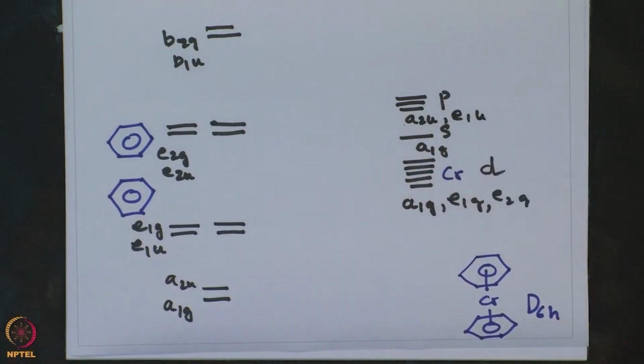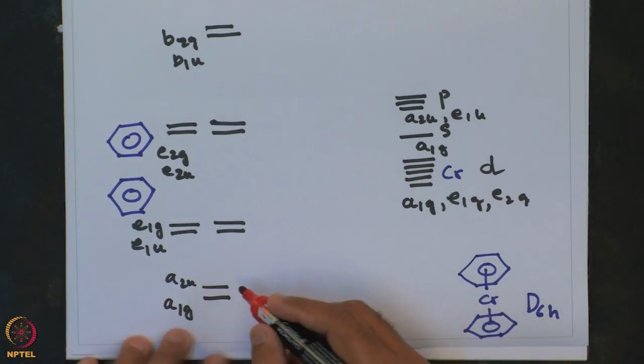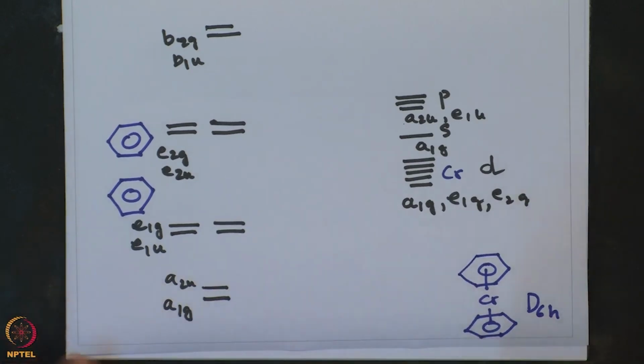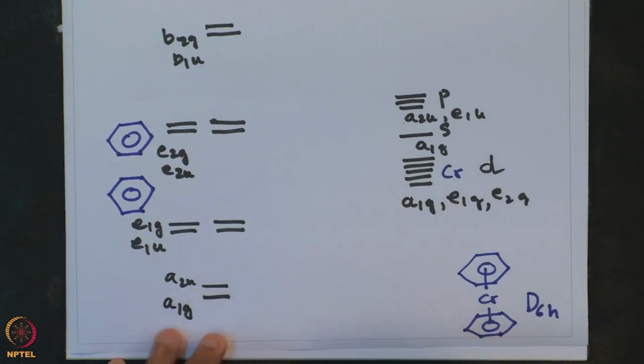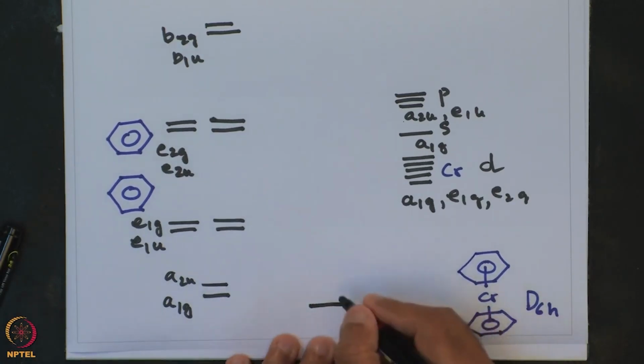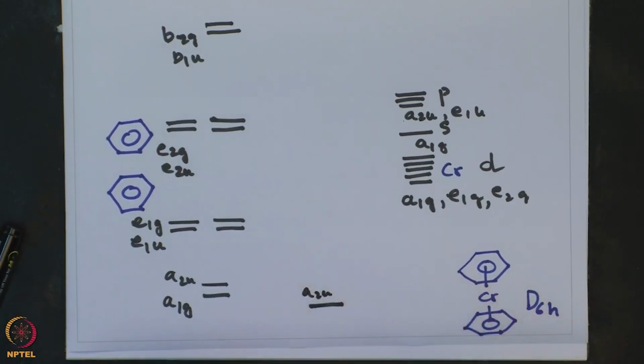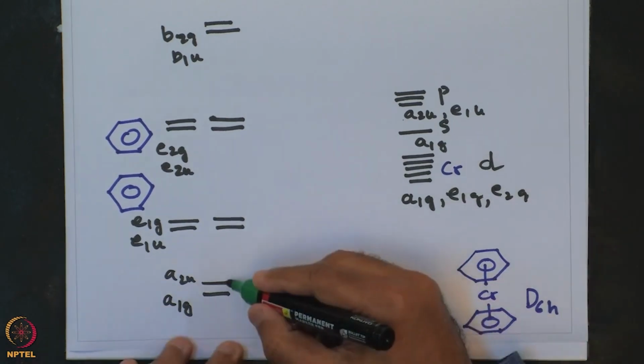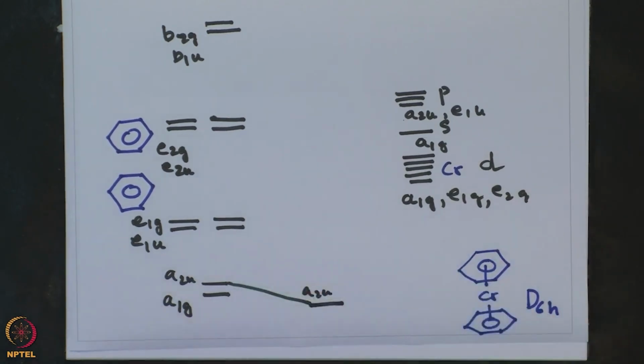Now let us see how these orbitals interact with each other. For example, A2u is kind of non-bonding in nature, and remains by itself. This is A2u. Okay.